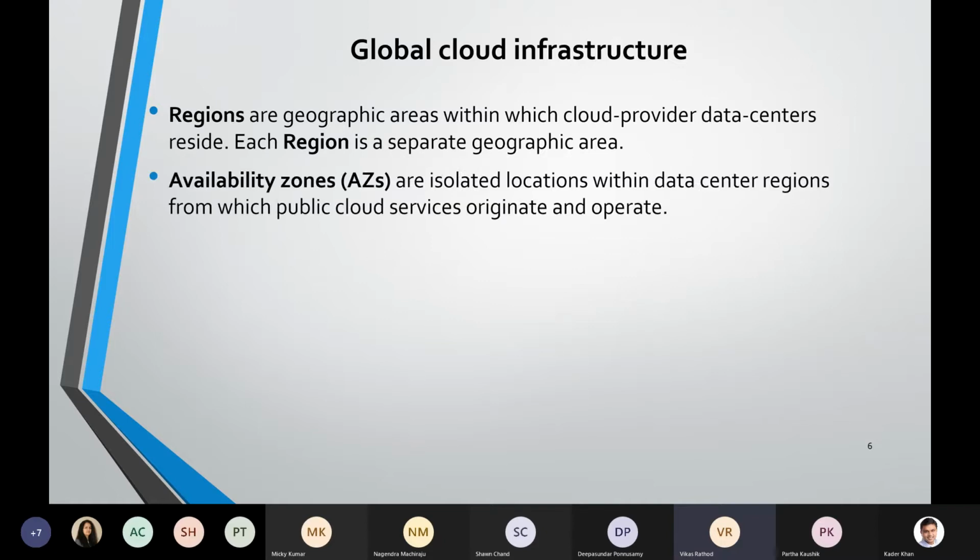An availability zone is an isolated location within a data center region. Suppose I talk about the Canada Central region, we should have more than 2 data centers in our region. Those data centers are called availability zones.